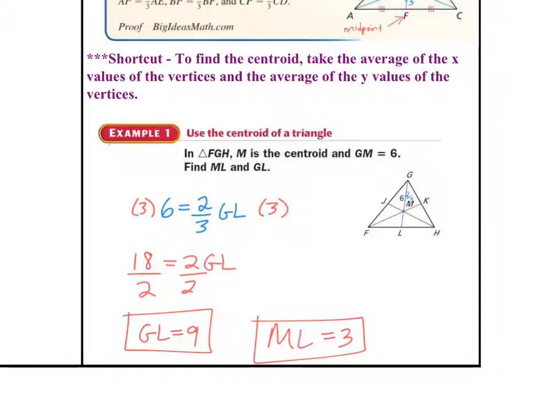Because you don't need a formula. Sam, what are we actually doing? It's averaging. Yeah, you're averaging between the x values, you're averaging between the y values. And so you can do the same exact thing to find the centroid. You average between the 3 points from the vertices. What you're basically doing is finding the midpoint from all 3 vertices. And so we can average them.